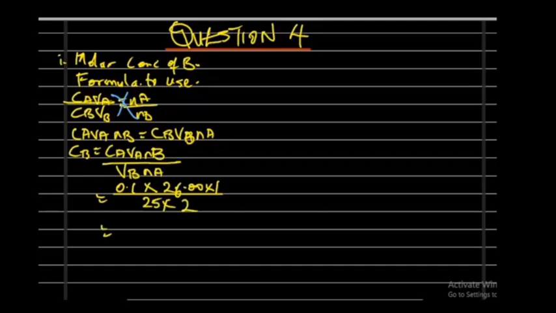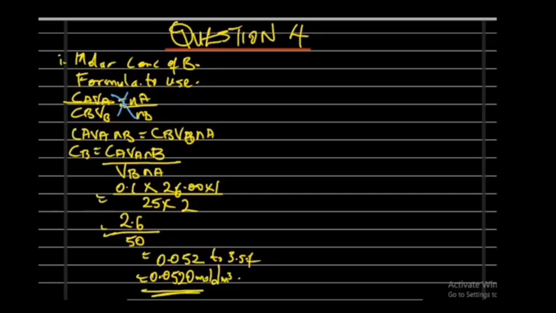That in turn gives us 2.6 divided by 50, which is 0.052. To 3 significant figures, that gives us 0.0520 moles per dm cube. So that's the answer to that particular question.